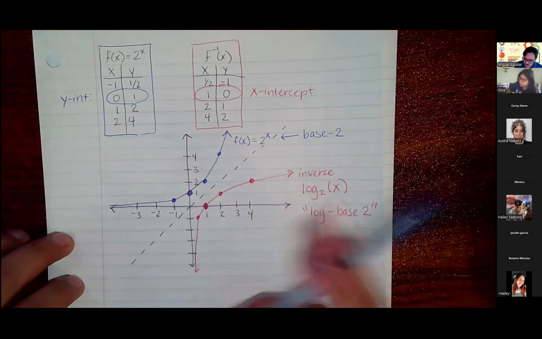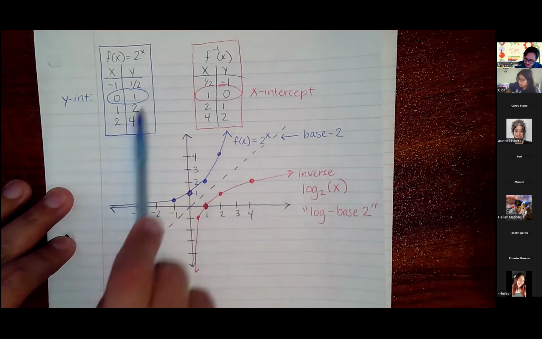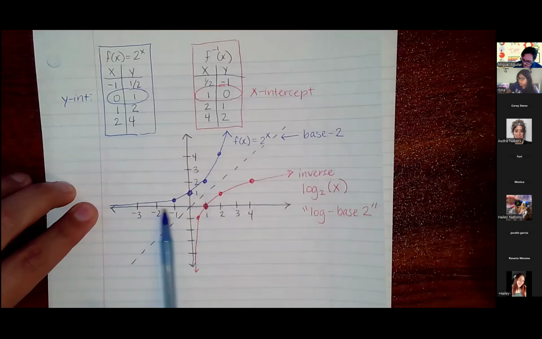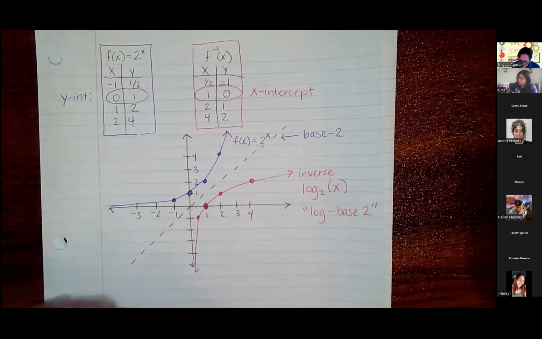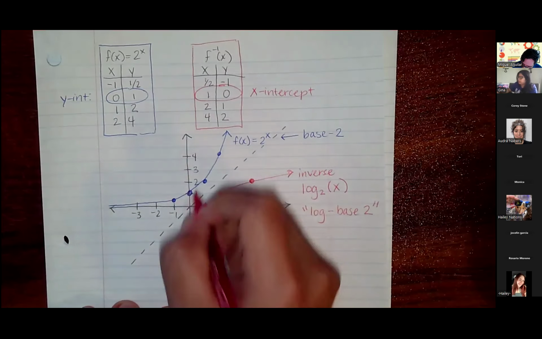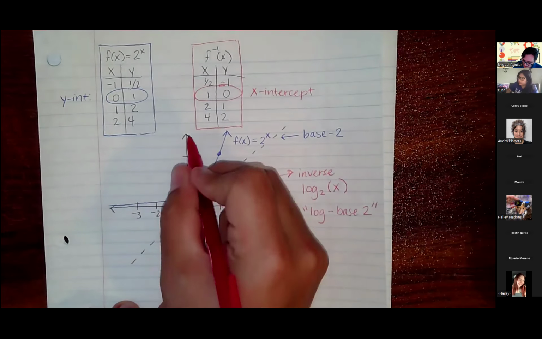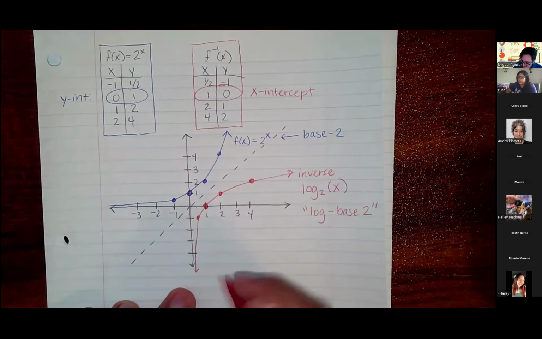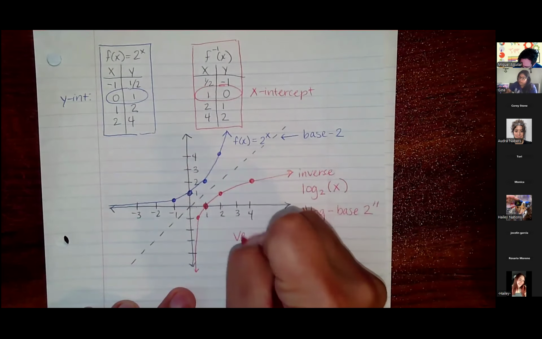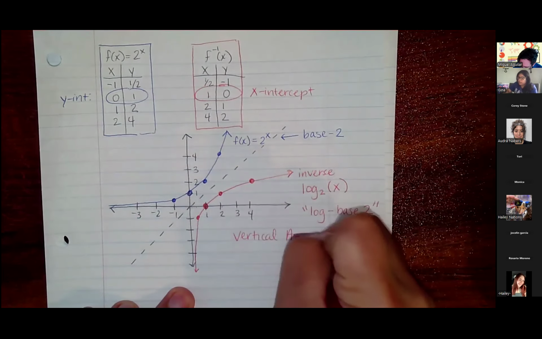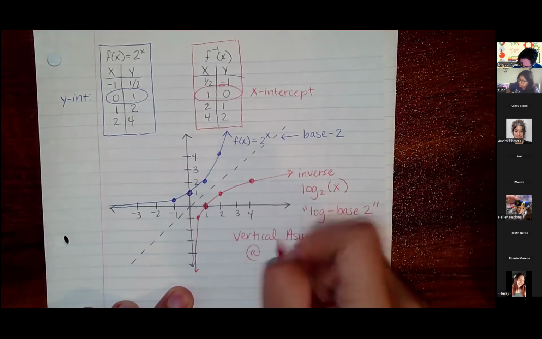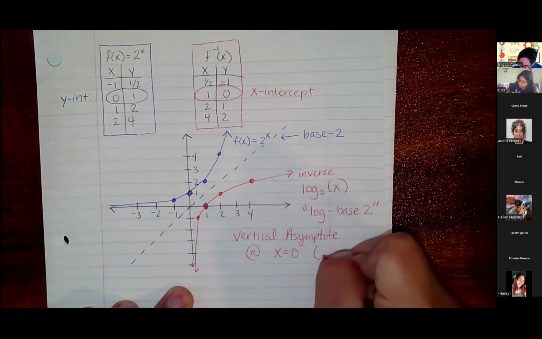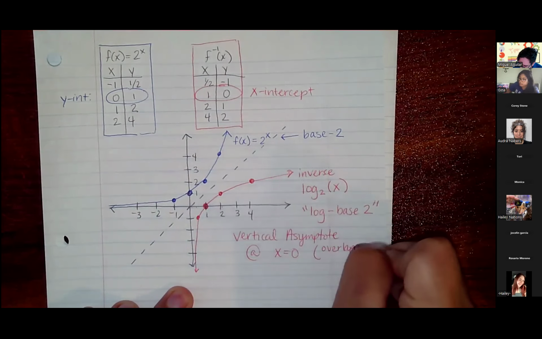Also, for this exponential function, we said originally it had a horizontal asymptote. But now, once we made that reflection, this graph here looks like it has a vertical asymptote that would be sort of overlapping the y-axis. So our logarithmic functions are going to have a vertical asymptote at x equals 0, which is overlapping the y-axis.